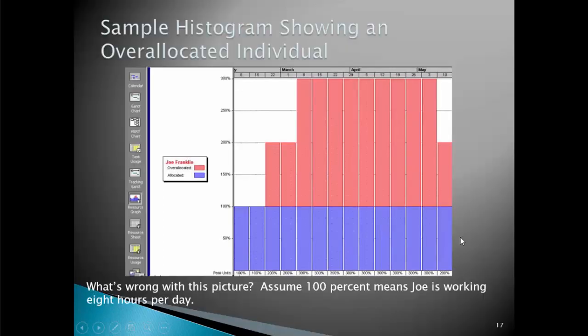If you look at Joe's working schedule here, you can see that he has been scheduled for more than 8 hours per day. Since 100% means 8 hours, 300% at a certain point, which is the red area, means 24 hours, which is considered overallocation for one resource.